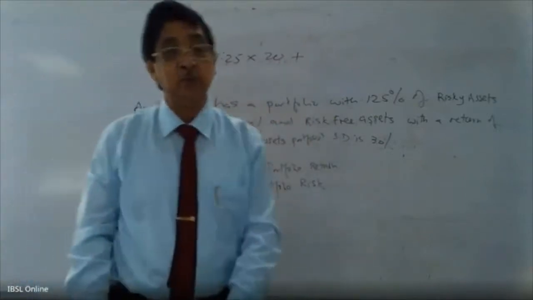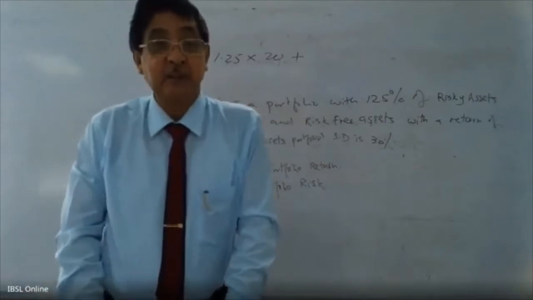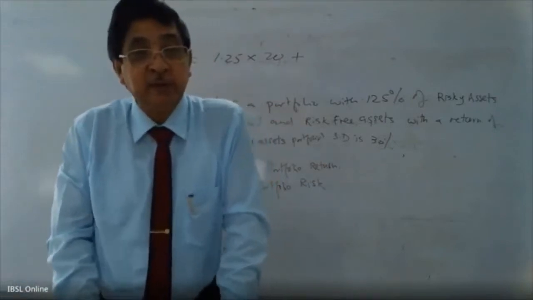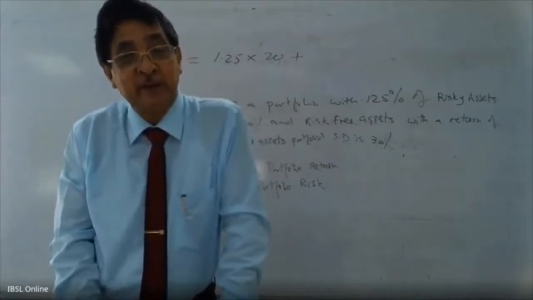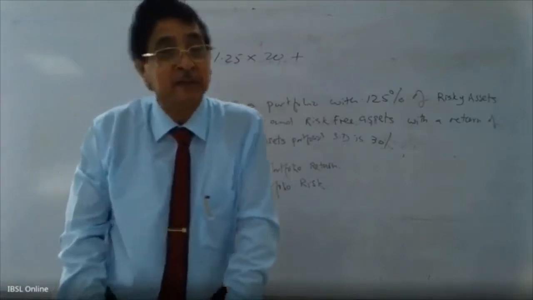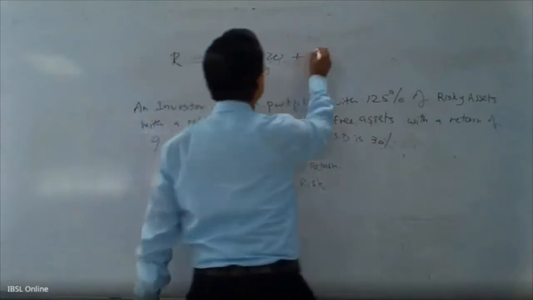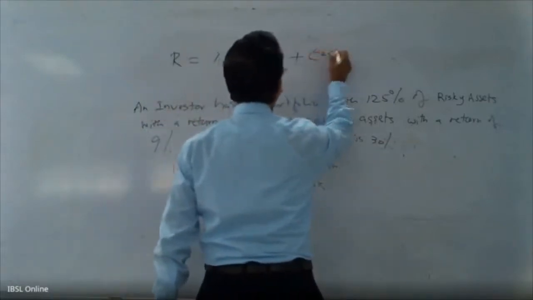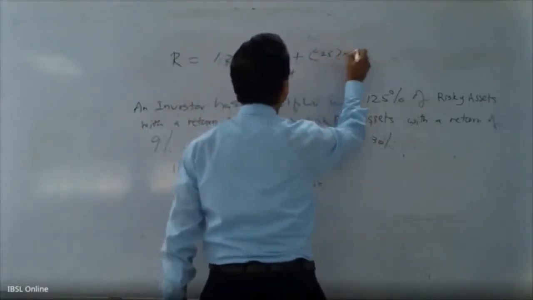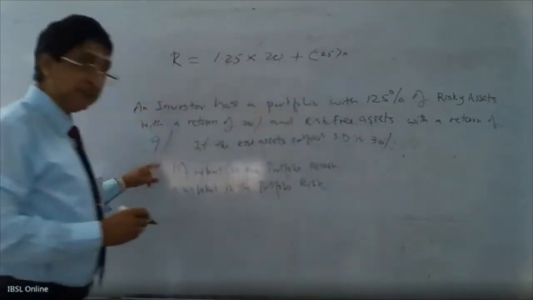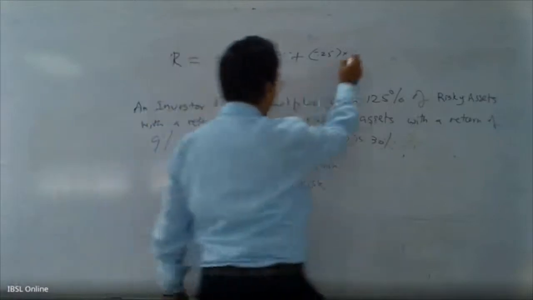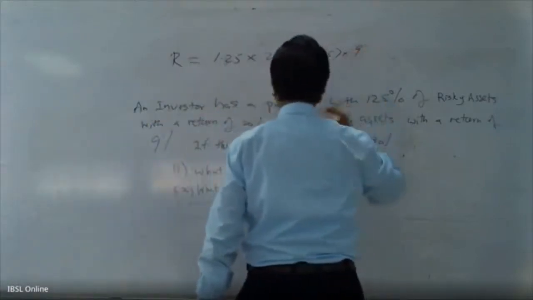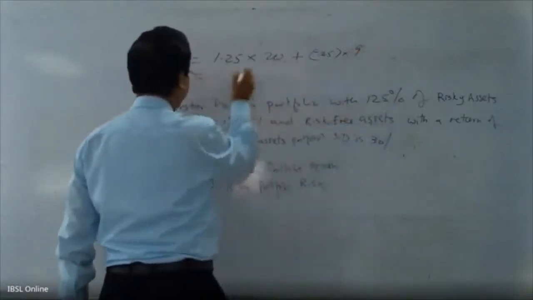That is minus 0.25. Then only do you get 1.25 minus 0.25 comes to 1. That is why we take minus 0.25 into, now 9% is the risk-free assets return. So we have to multiply it with 9.